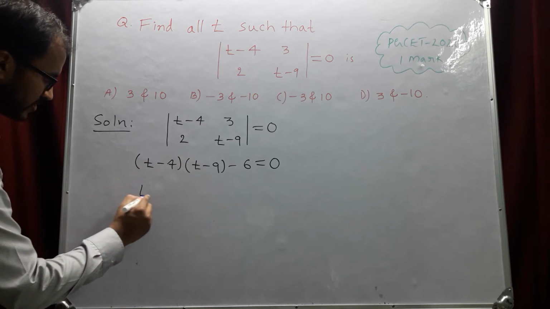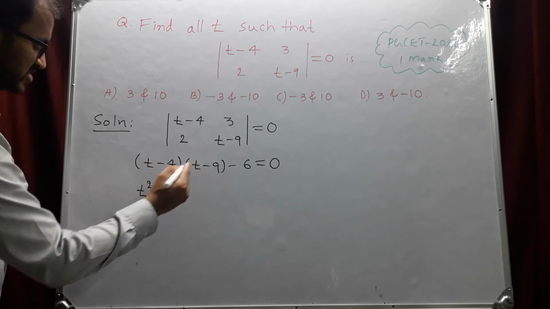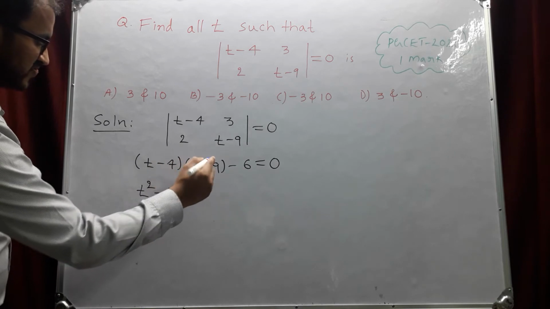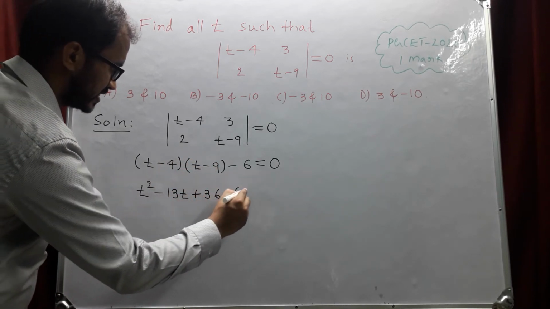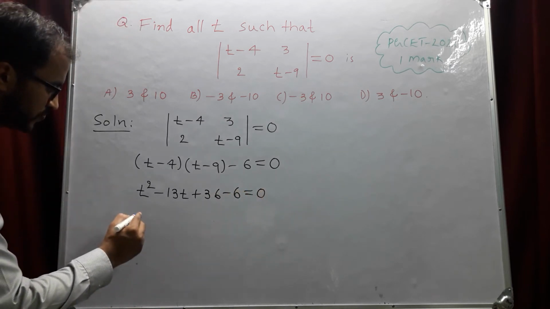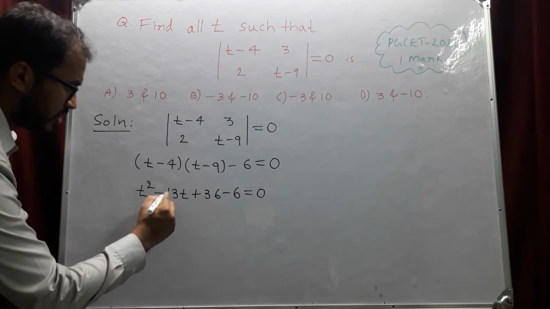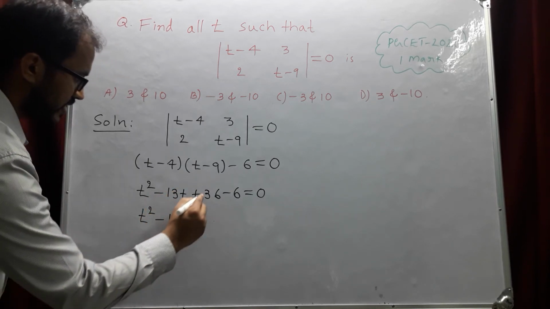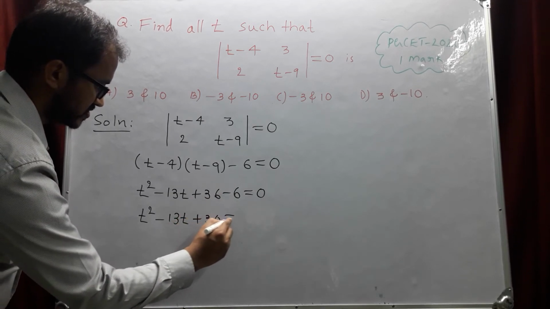So t square minus 9t minus 4t, that is minus 13t, minus 4 into minus 9 plus 36, minus 6 is equal to 0, or t square minus 13t, 36 minus 6 becomes 30 is equal to 0.